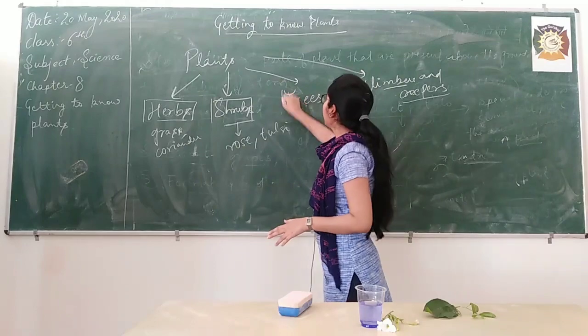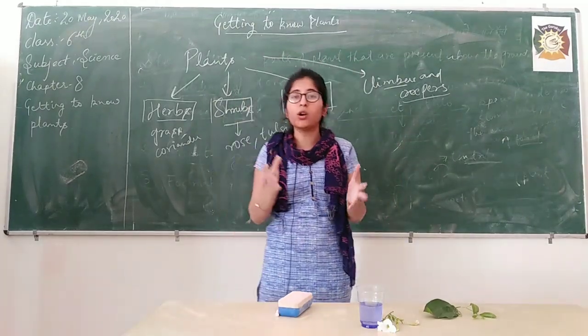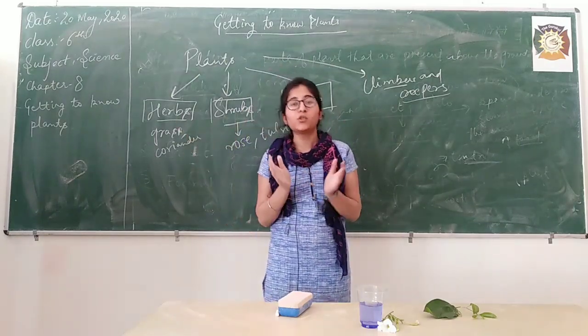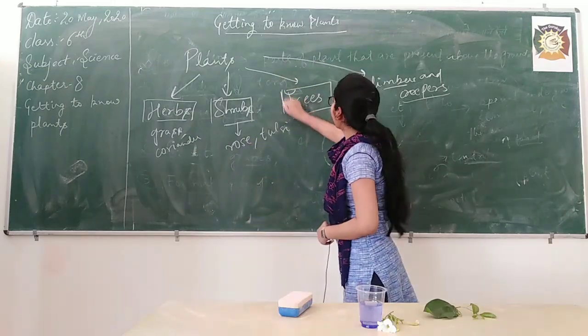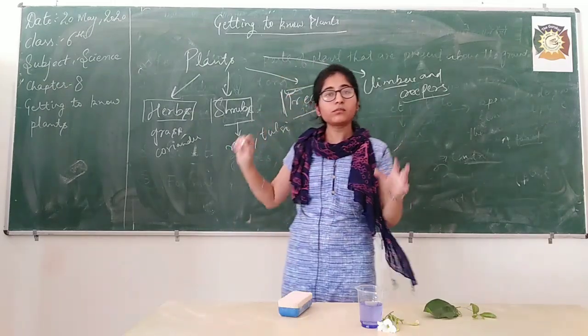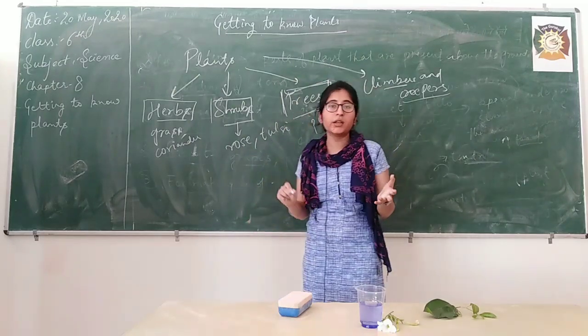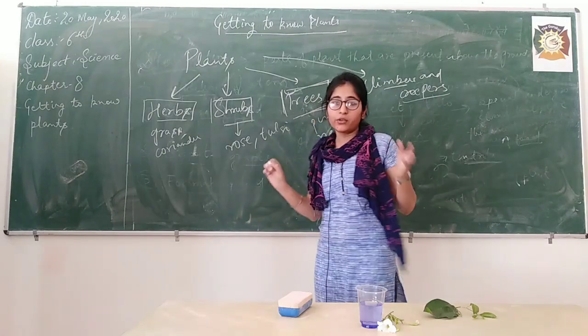So after that we have trees. You all know what trees are. Trees are very big and their stem is very thick and strong, right? In trees we have examples like pine tree, mango tree, neem tree. These are all examples of trees, right?